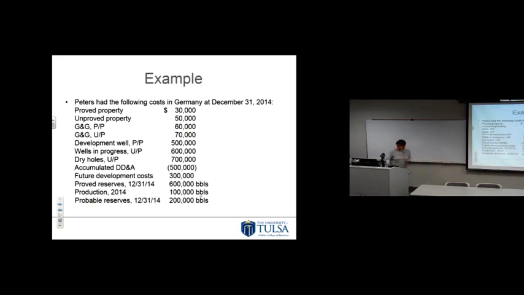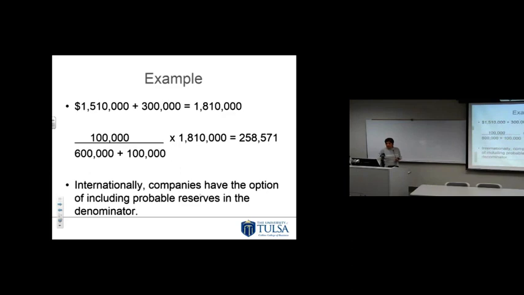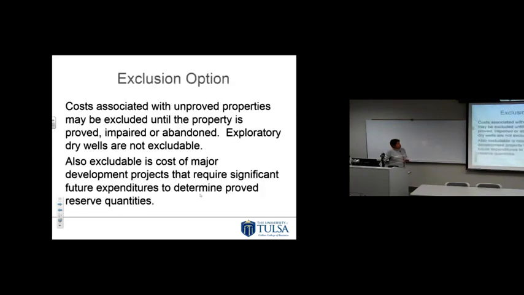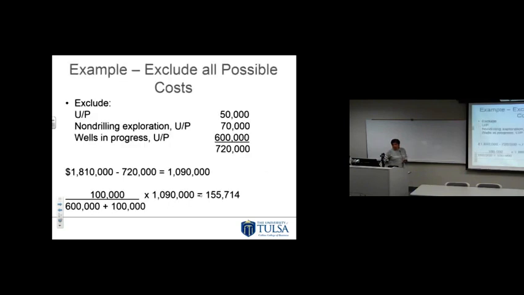So remember, just a second ago, our total costs were $1,810,000. I'm just going to start with that and say what's excludable. Well, the three things that we said were excludable were unproved property of $50,000, the G&G. Non-drilling exploration is the same thing as G&G.